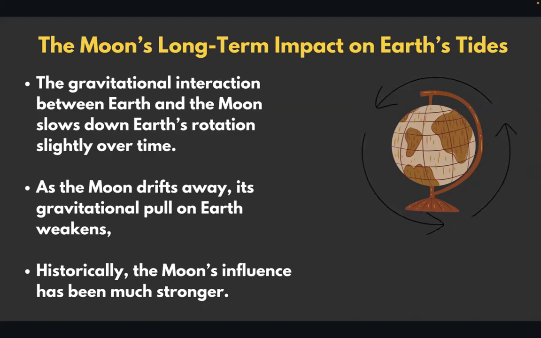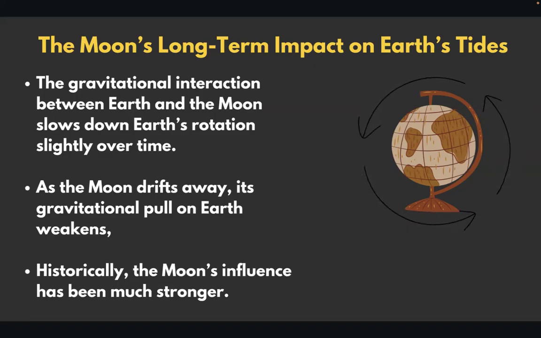At the same time, the Moon is moving further away from Earth by about 3.8 centimeters per year. As the Moon drifts away, its gravitational pull on Earth weakens, which means that in the distant future tides will be less pronounced. This gradual change has implications for coastal ecosystems and could even alter the way ocean currents distribute heat across the planet.